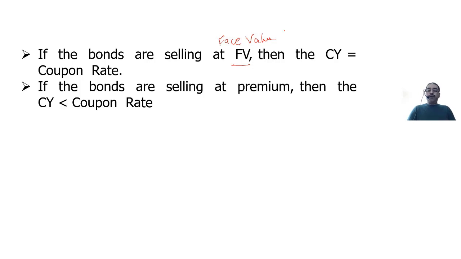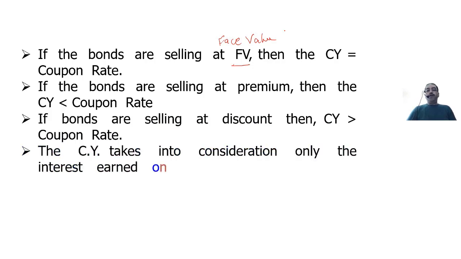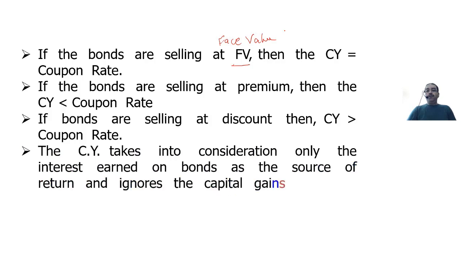Same way, if the bonds are selling at premium, then the current yield is less than the coupon rate. If bonds are selling at discount, then the current yield is greater than the coupon rate. So all these points you have to write down.